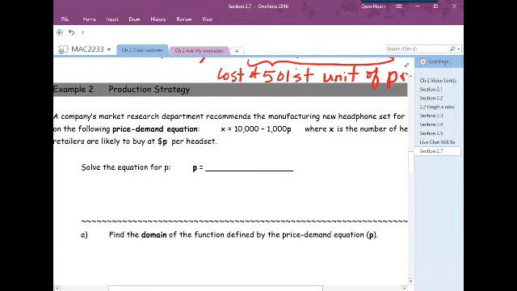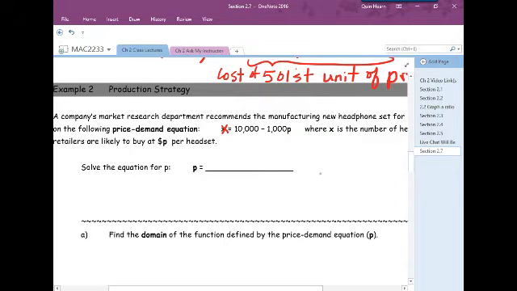Notice that the number of headsets X goes down when P goes up, because the more you charge for something, the lower the demand for it will be. That's why this is called the price demand equation, because it describes the demand for something as the price changes. If we solve the equation for P, what would we get?